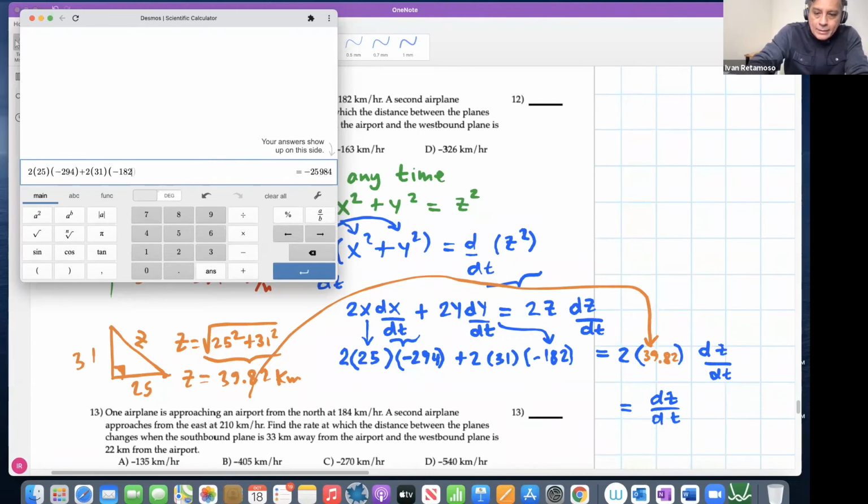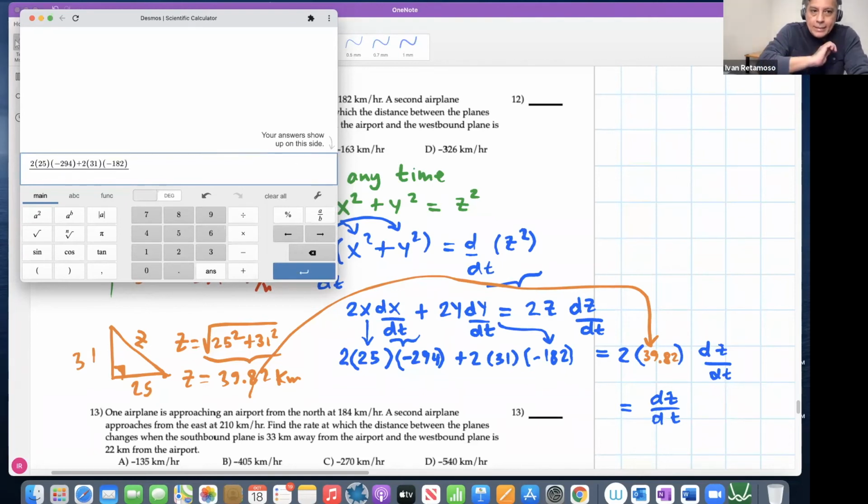Notice how I'm using parentheses. I don't have to write a multiplication symbol. And all this, highlight all this, divided by 2 times this guy, 39.82. Let's see what happens.